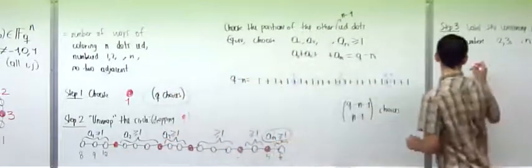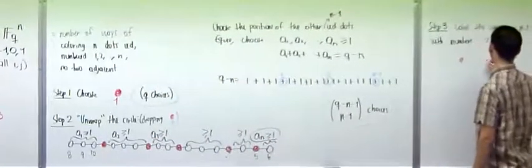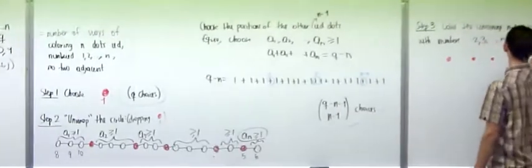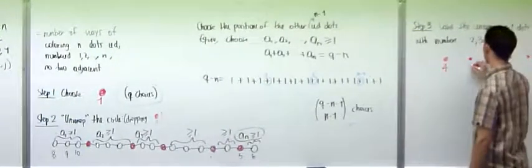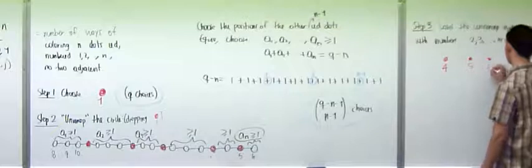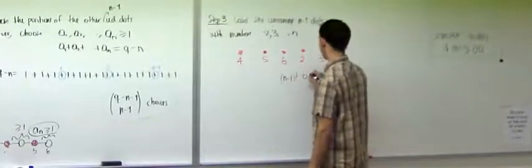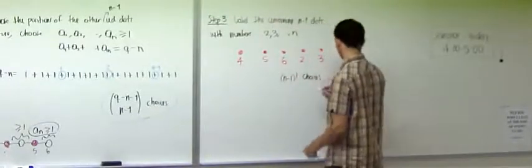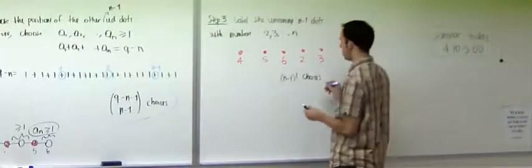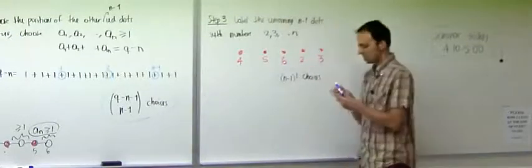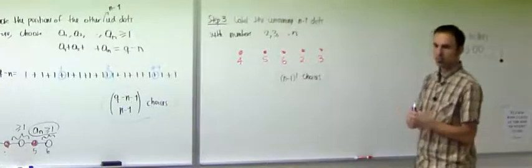It's part of step 3, where I take my dots and I decide that the first one is going to be called 5, 4, then 5, then 6, then 2, and then 3. That's just a permutation. And so there's n minus 1 factorial choices. Okay? So that's the number of possibilities for the third step. Okay?